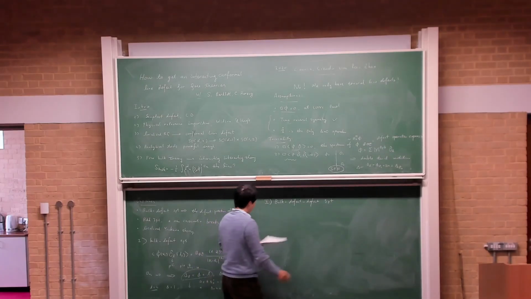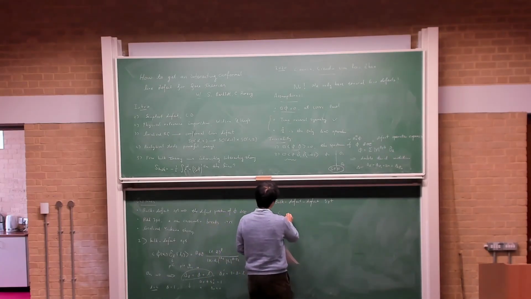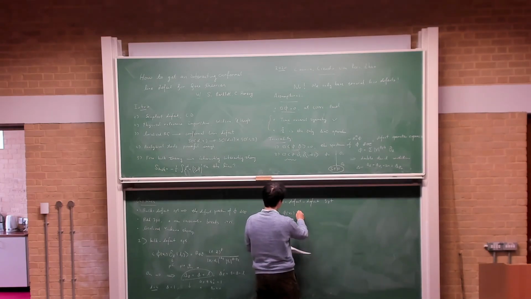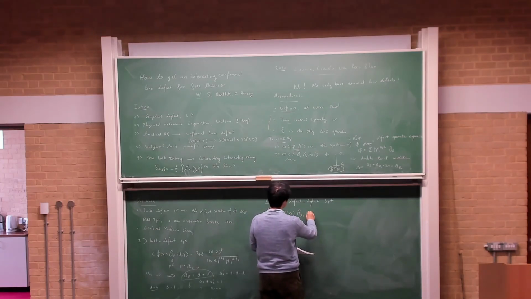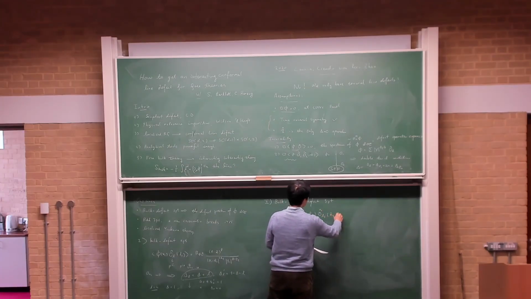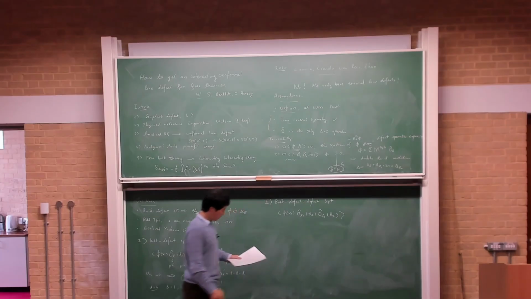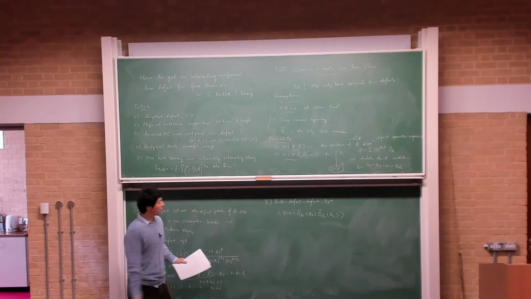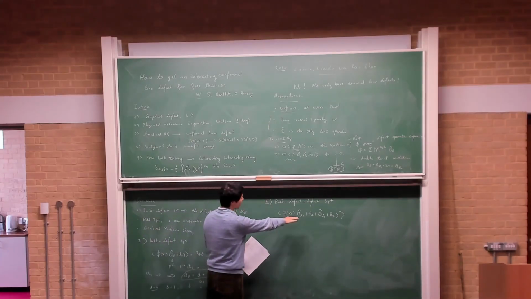Basically, we can have two defect operators with different transverse spins, L2 and L3, and roughly speaking, we need to expand.